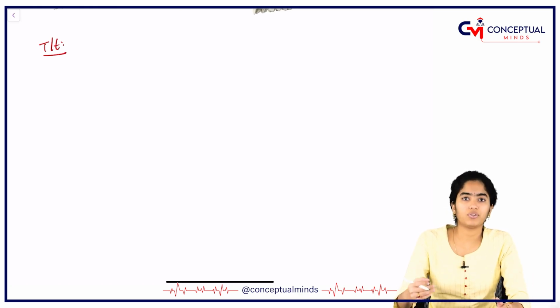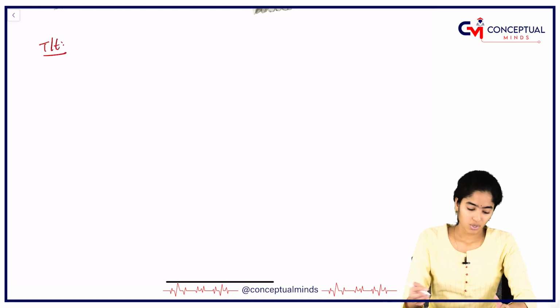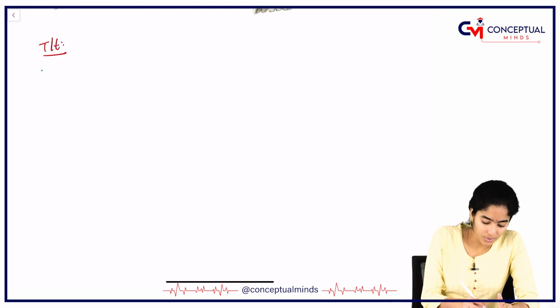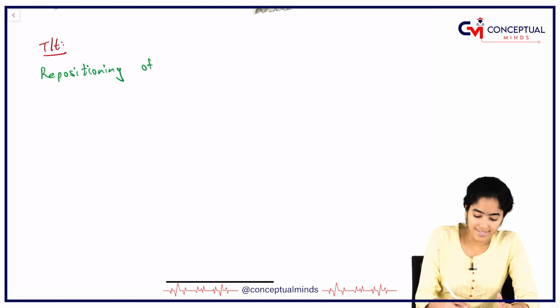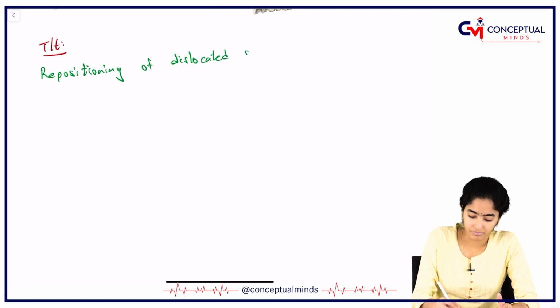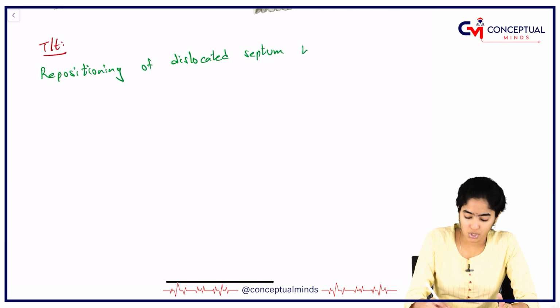Put sutures to the repositioned flap and pack the nasal cavity. And if at all there is any other associated fracture of the nasal pyramid along with the septum, that also has to be treated parallelly. So what is the treatment? It is repositioning of the dislocated septum. How do you reposition?